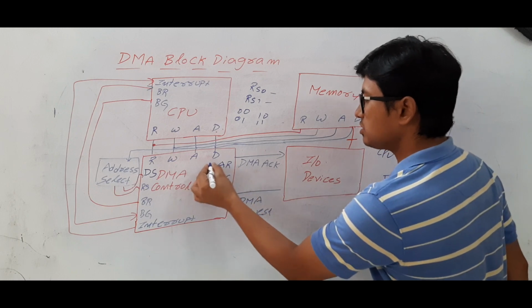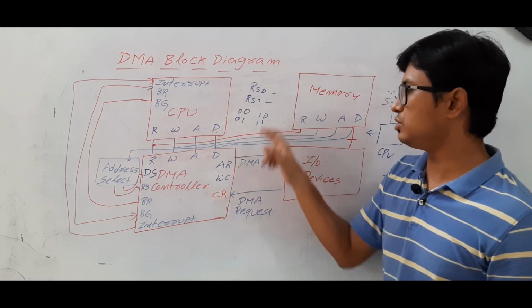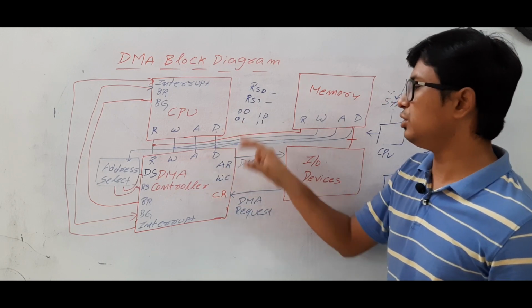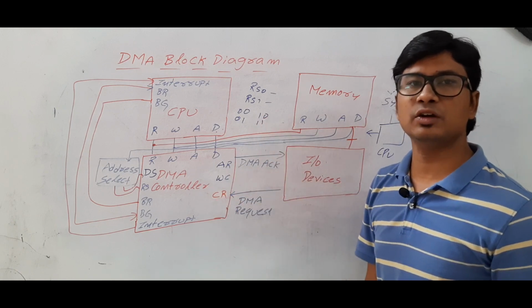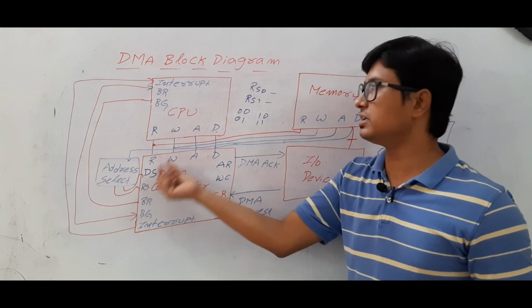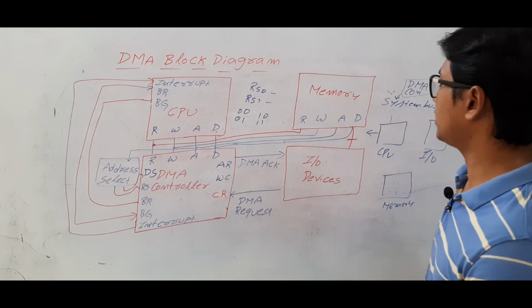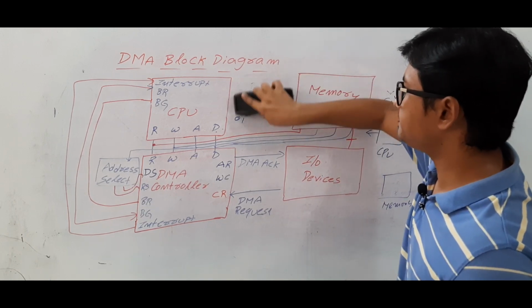Whenever RS0, RS1 is 00, it will select the address register. If it is 01, it will select the word count. If it is 10, it will select the control register. So this register selection can be done with RS0 and RS1 internally. I hope you have understood this.